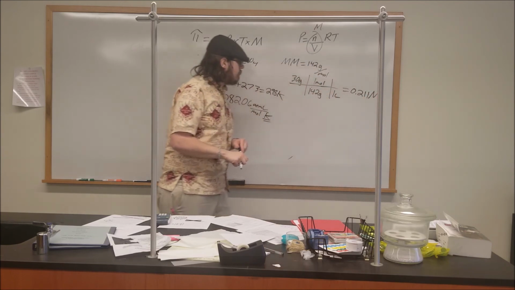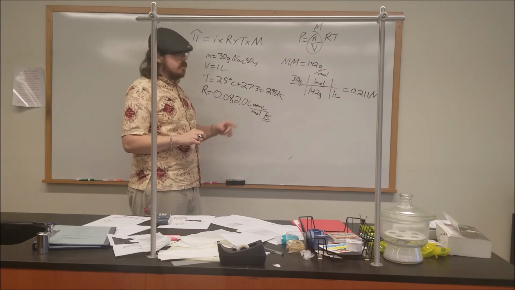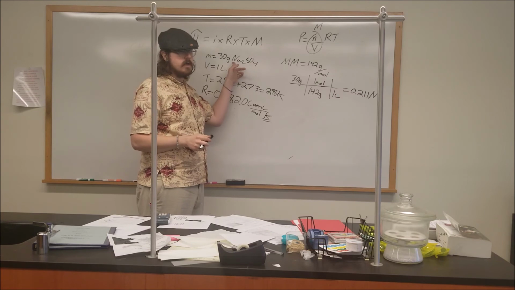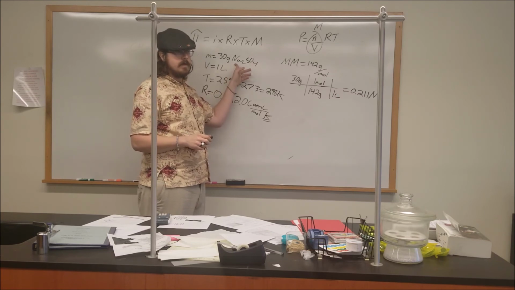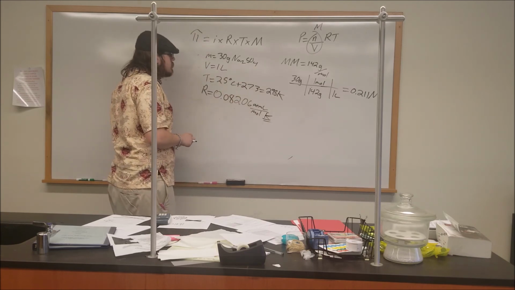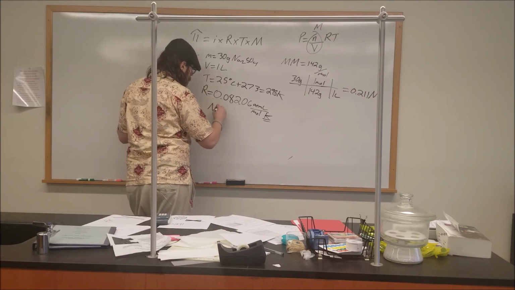Before we plug everything in, we must consider our solute. This is no organic compound, but our standard ionic compound that we learned early on last semester. Sodium sulfate. Each sodium is going to be an individual atom, so we have 2 sodium atoms.